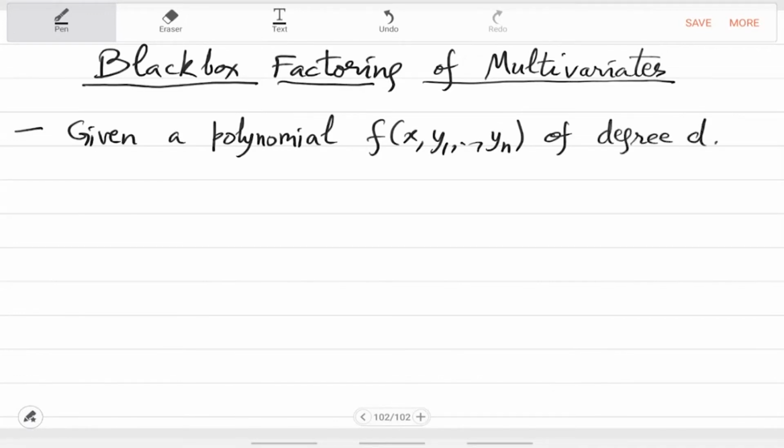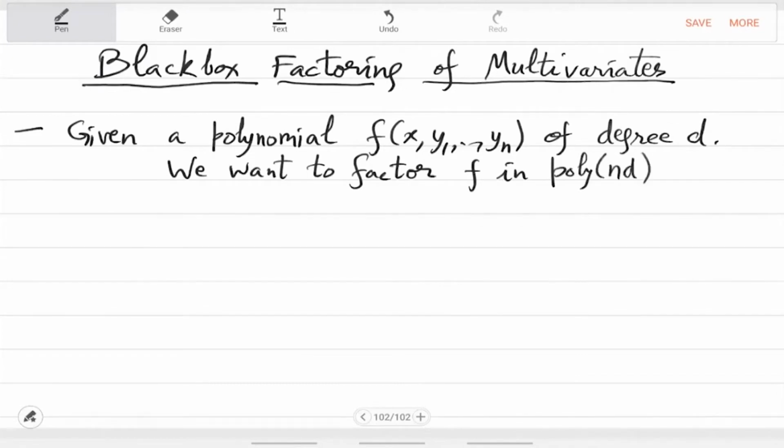So you are given an n plus 1 variate polynomial of degree d, and what you want is a factor. Factor f in polynomial in nd field operations, and randomization allowed.